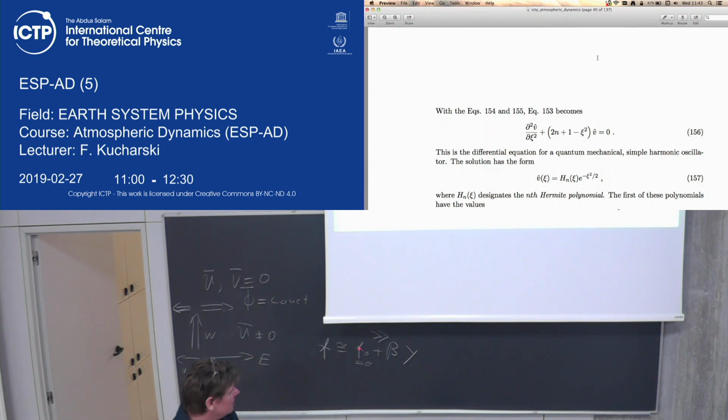But at the equator there is no way we can do this, because f naught is 0. So we get a fundamentally different set of equations, which at the beginning looks quite simple, but eventually turns out to be quite nasty, because we have to use some kind of complicated theory to solve it.